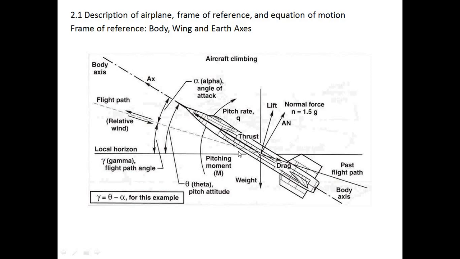The Earth axis is known as the horizon. In this case, the x, and of course, the respective z. The angle between the body axis and the flight path is the angle of attack. The angle between the wind axis and the local horizon is called the flight path angle, or gamma. And the total angle between the body and local horizon is called theta, or the pitch attitude.